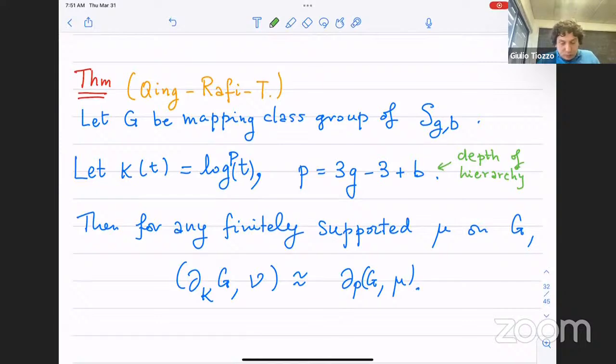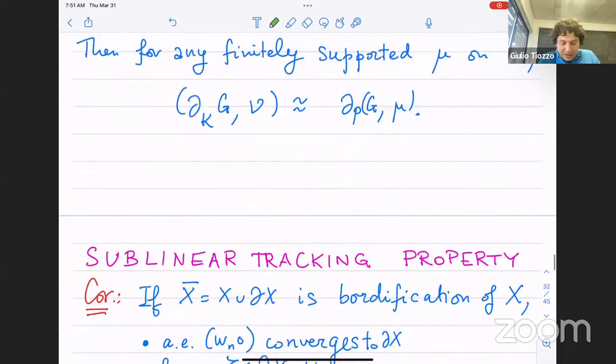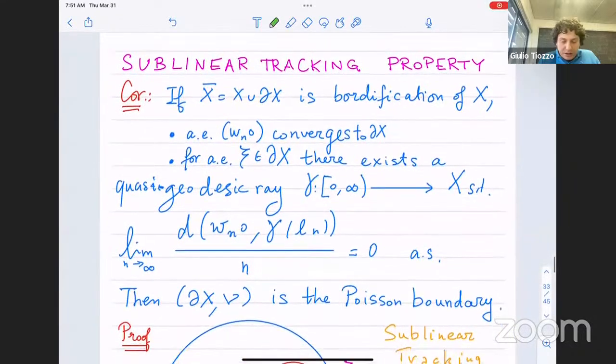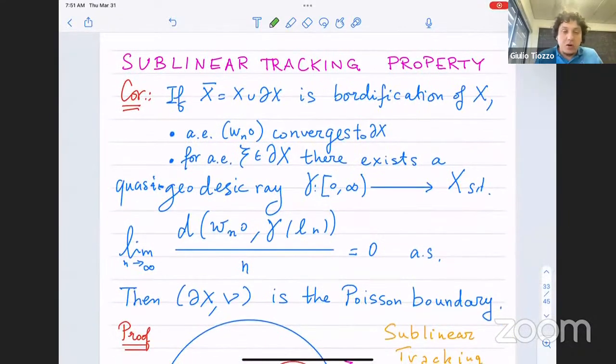So maybe let's recall and explore a little bit more, because I just mentioned this at the very end of yesterday's talk, why the sublinear tracking property is sufficient to tell you the identification of the Poisson boundary.